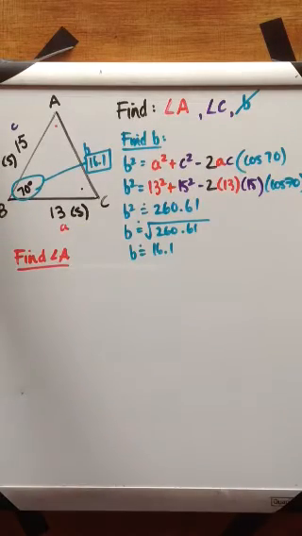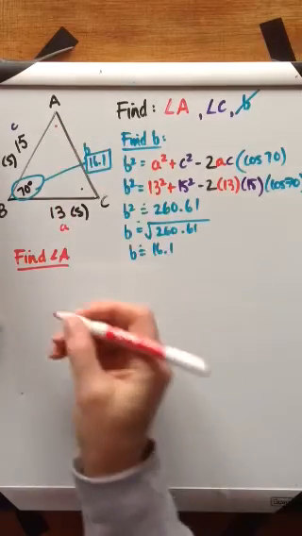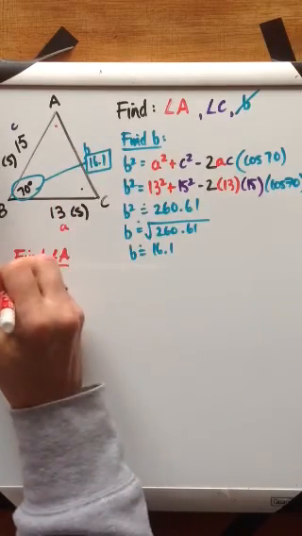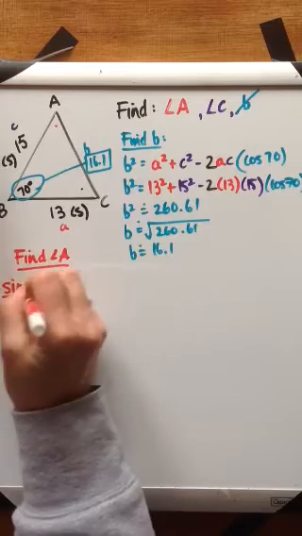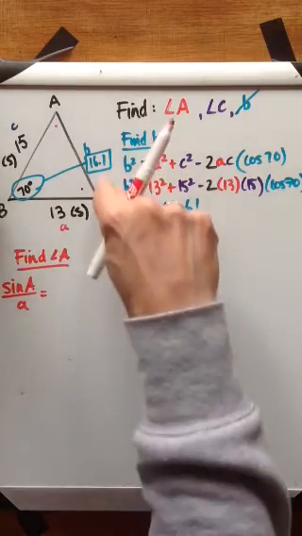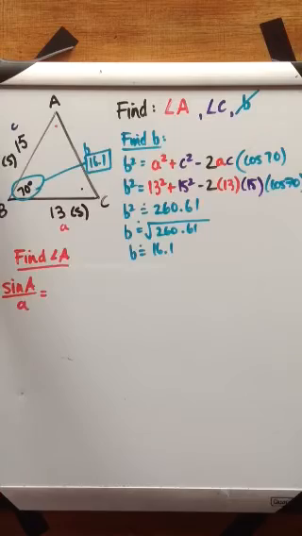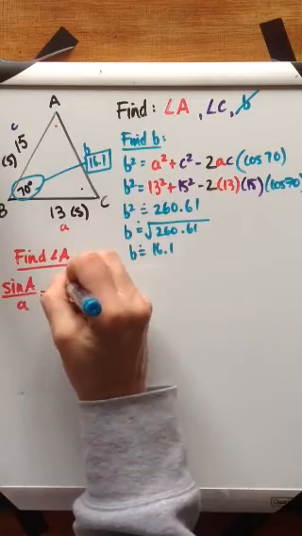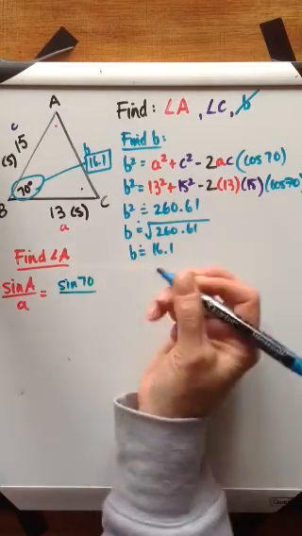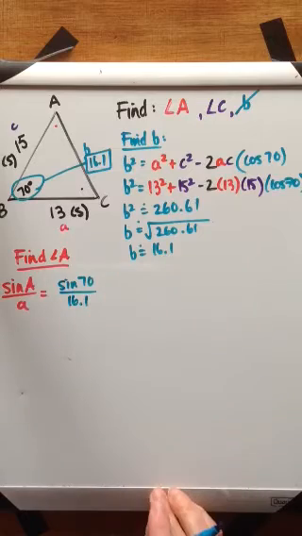So let's put what we're trying to find in the top left corner of the proportion. That thing we're trying to find is angle A. So let's put sine of A over little a is equal to, and then let's include our pairing that we know. Sine of 70 over 16.1.